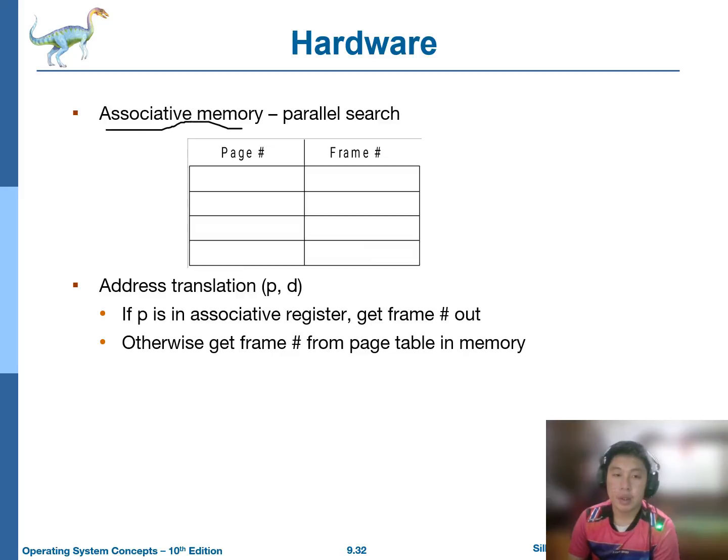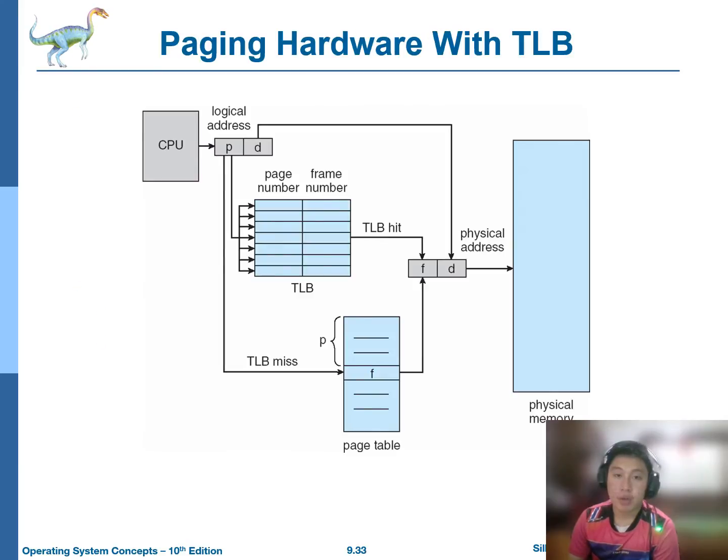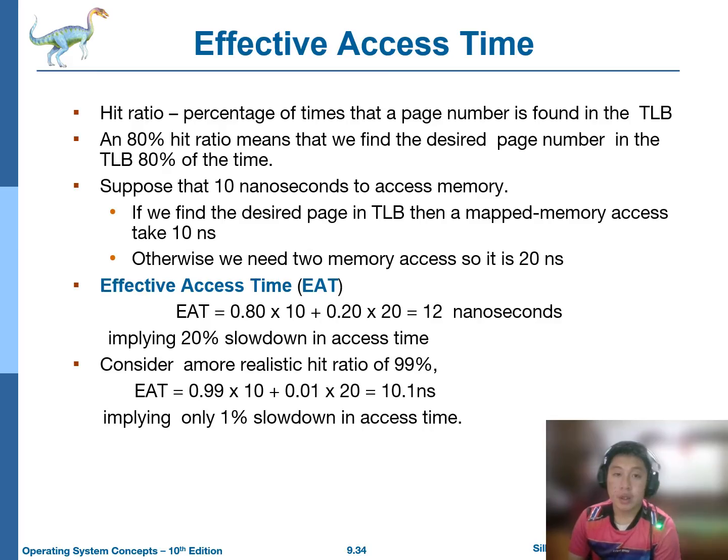Associative memory address translation. Paging hardware with TLB. Effective access time: hit ratio is the percentage of times that a page number is found in the TLB. Assume it takes 10 nanoseconds to access memory. Effective access time: consider a more realistic hit ratio of 99%.